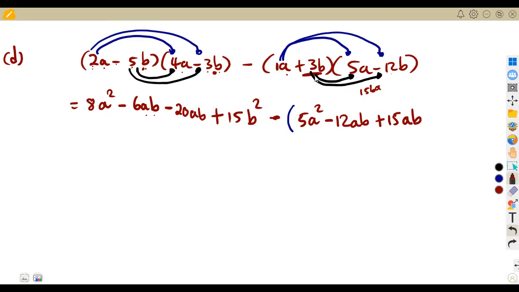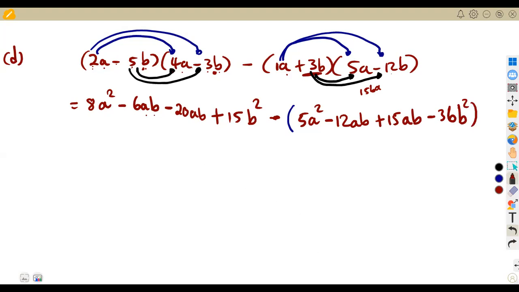So let us multiply the last part, 3b times minus 12b in this case. So it's positive 3 and minus 12, which is minus 36. So this is going to give us negative 36b and b, which is b squared. So we are going to obtain negative 36b squared.